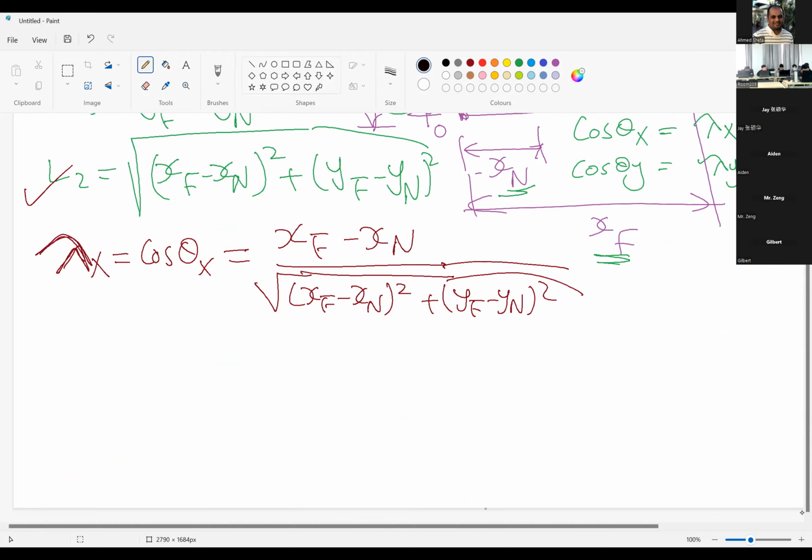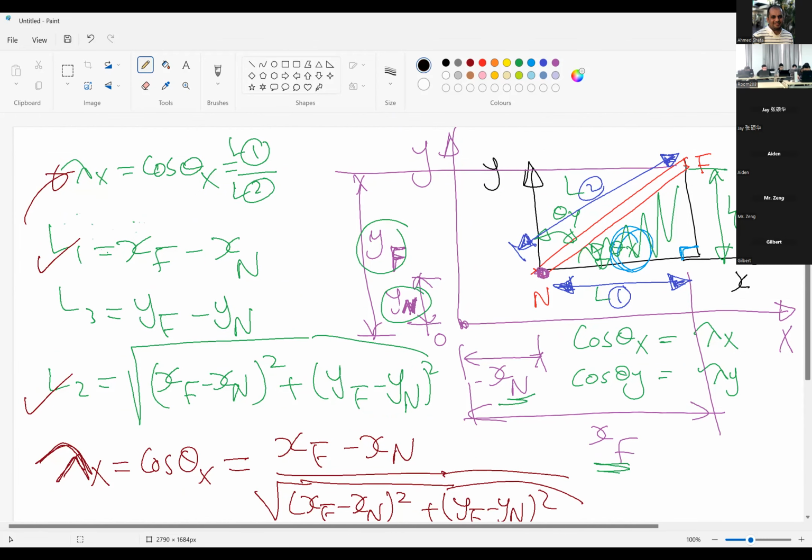How about lambda y, which is equal to cosine theta y? How can we find cosine theta y? If we go back to the top, in this yellow triangle, which is also a right angle, this is theta y.